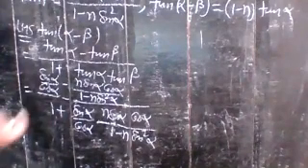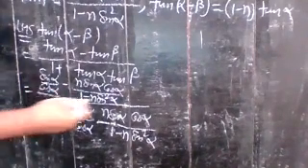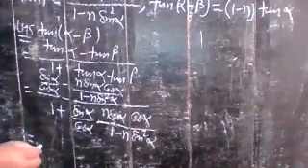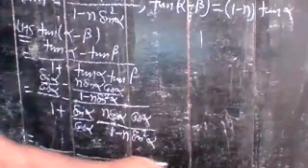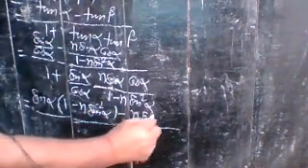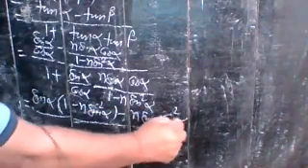If you take LCM in numerator, you have sine alpha into 1 minus n sine square alpha, and here you have minus n sine alpha cos square alpha.